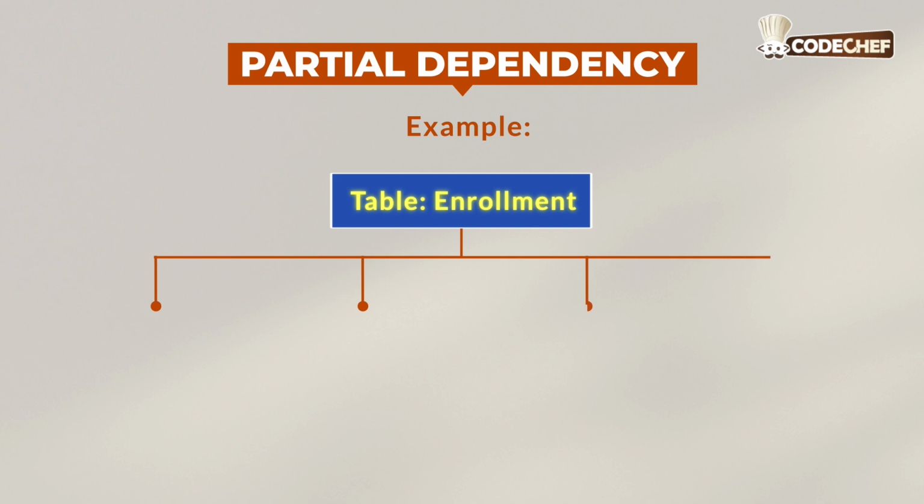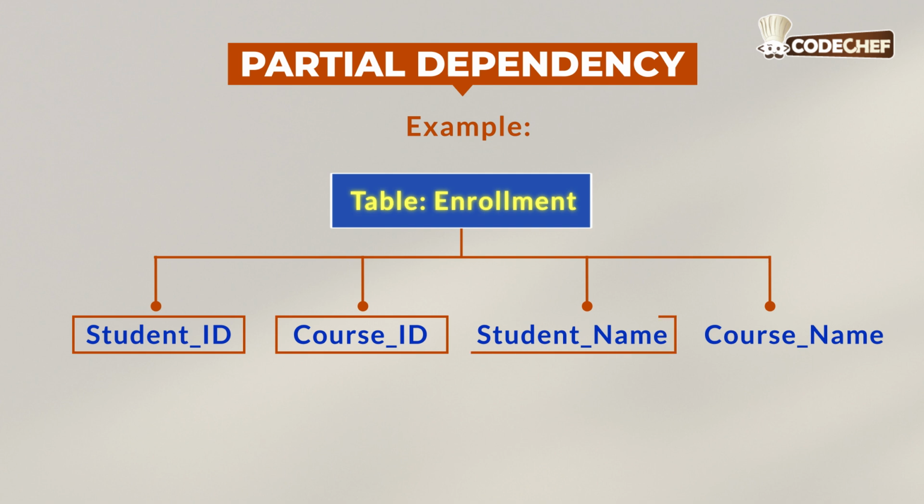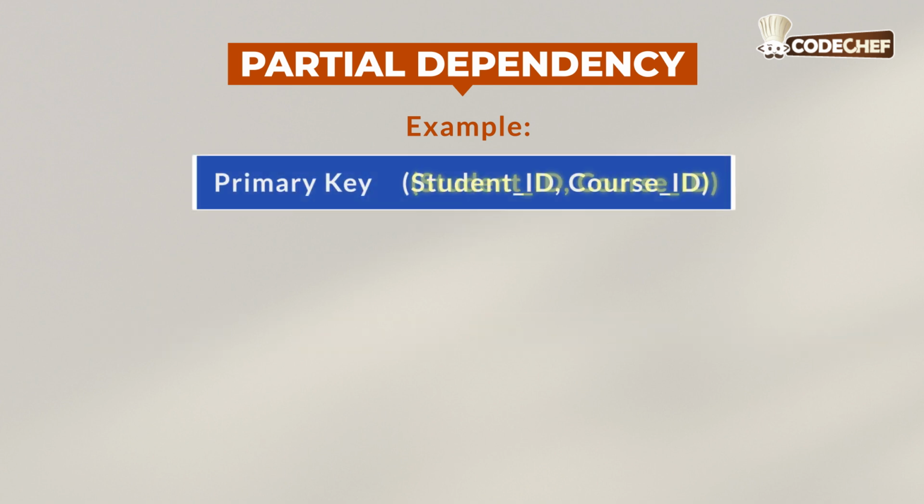Now enrollment has 4 attributes. First is student ID, second course ID, third student name, and fourth course name. Now the primary key for table enrollment is a composite primary key because it is composed of 2 attributes, student ID and course ID. Now what dependencies exist here?